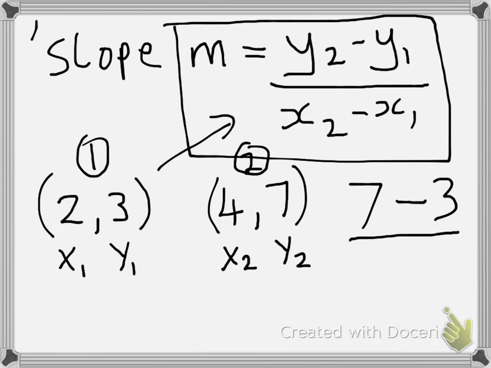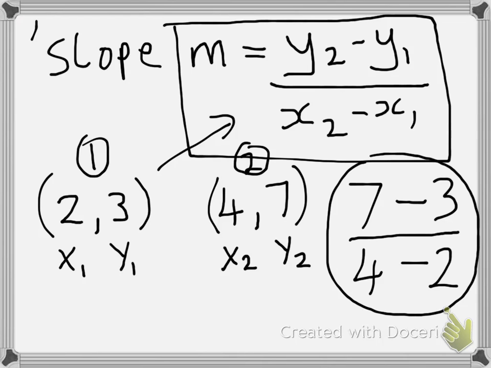Over. Right, x2. Where's x2? It's here. It's the number 4. I'm going to put 4 there. That's x2. Minus, I'm looking for x1 now, aren't I? Well, here it is over here. It's the number 2. So, there we go. I have just put the numbers in the correct place for y2, y1, x2 and x1.